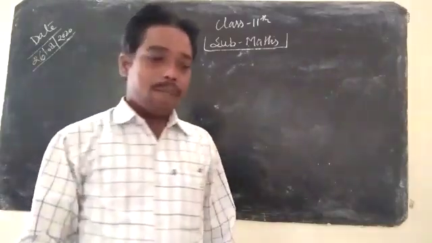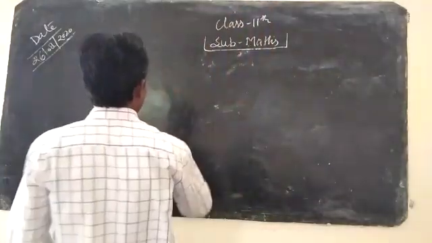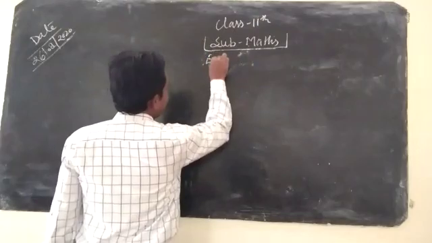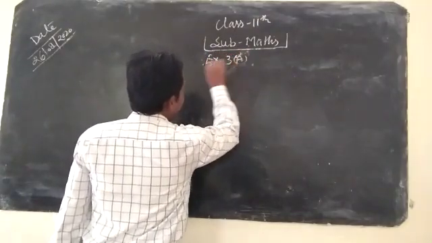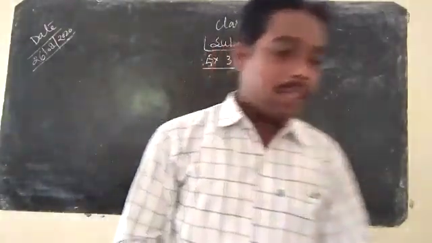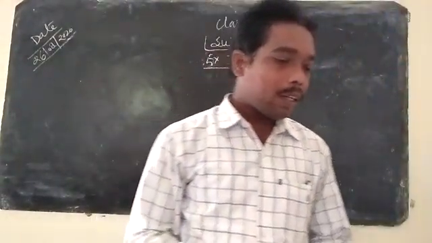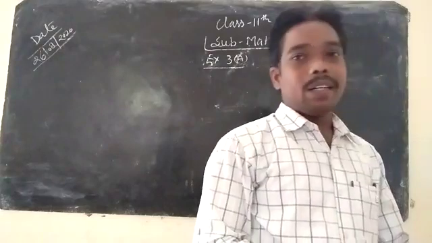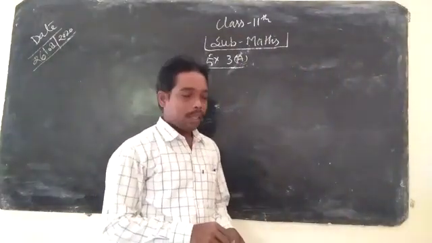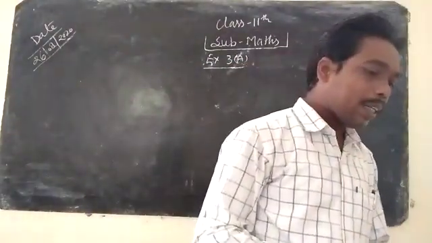Now exercise 3a. As given in the exercise, change the following angle into radian. The first question is 30 degree.